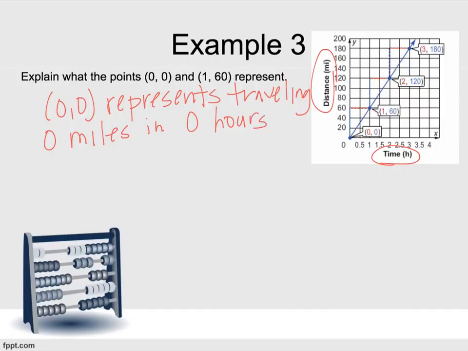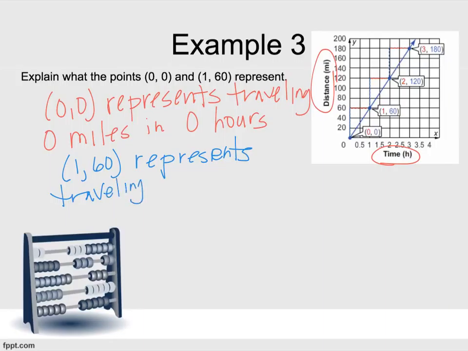And then we can say 1, 60 represents traveling 60 miles in 1 hour.